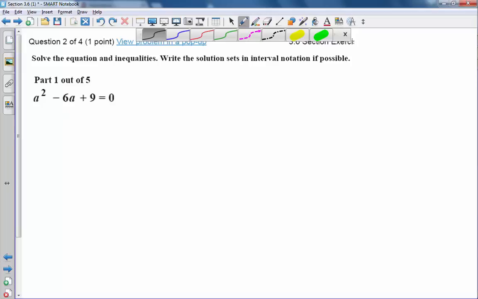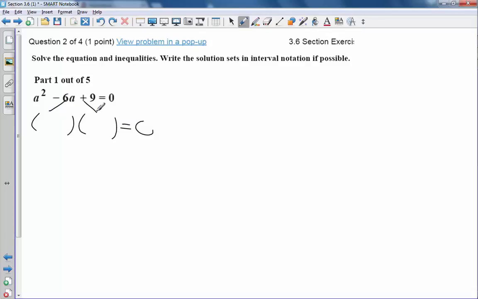What is our very first solving method all the time? Factor, factor, factor, all the time. Unless you have a single a, we factor. All right, I think everybody knows directly how this is factoring, right? This is a perfect square, so all you need to do is figure out two numbers multiplying into 9 and adding to -6.